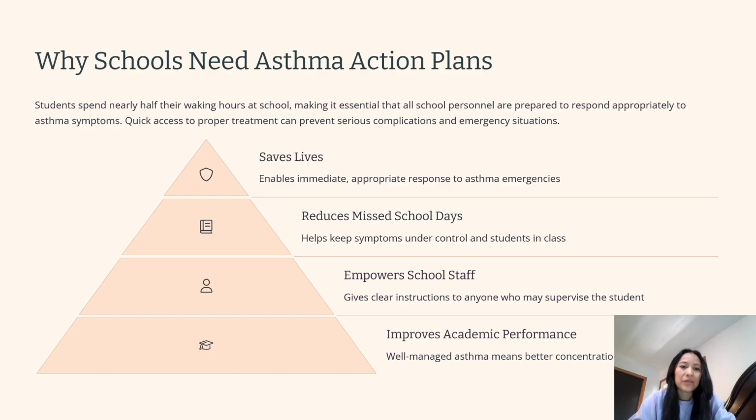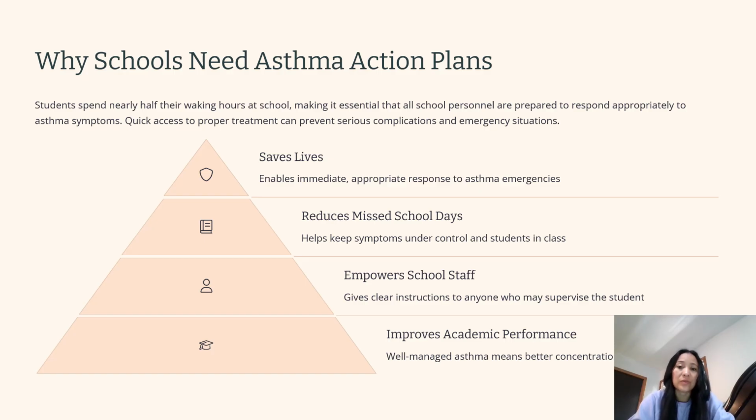So here is another reason why schools need asthma action plans. As we know, students spend nearly half their waking hours at school. So it is essential that all school personnel are prepared to respond appropriately to asthma symptoms. Like we discussed before, these action plans can save someone's life.